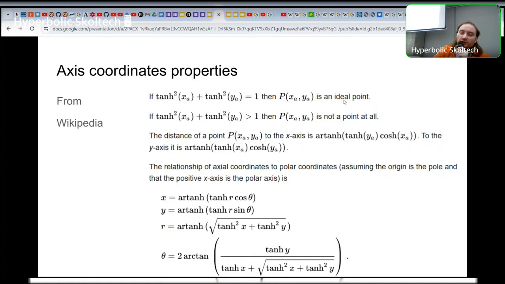Lesser than 1, then you have a hyperbolic point, and if greater than 1, this is not a point at all. And you can recompute between polar and Cartesian-like coordinate systems. This is all in the plane.